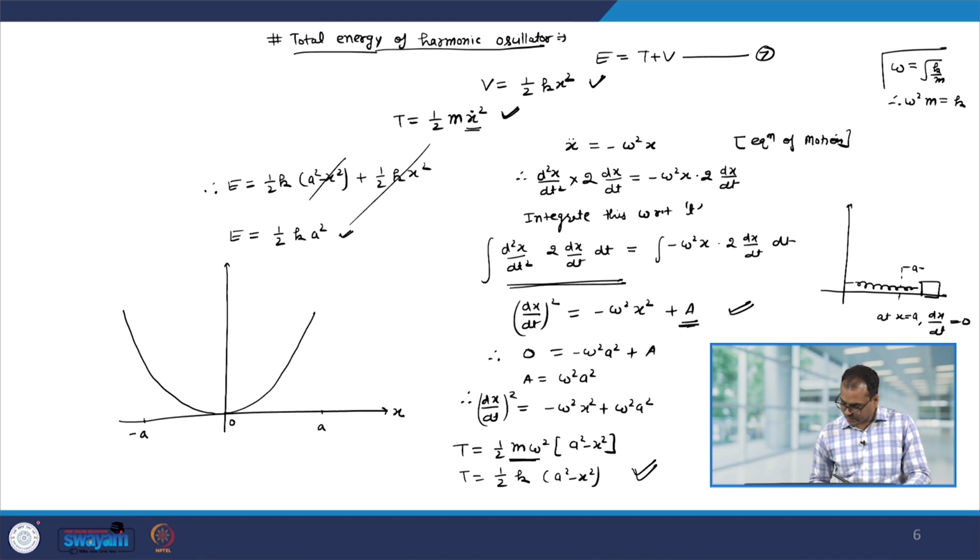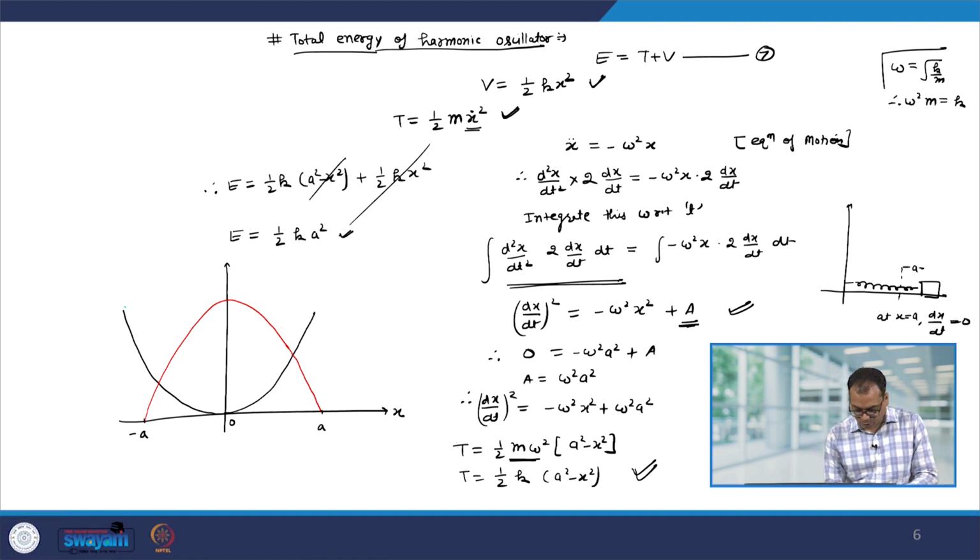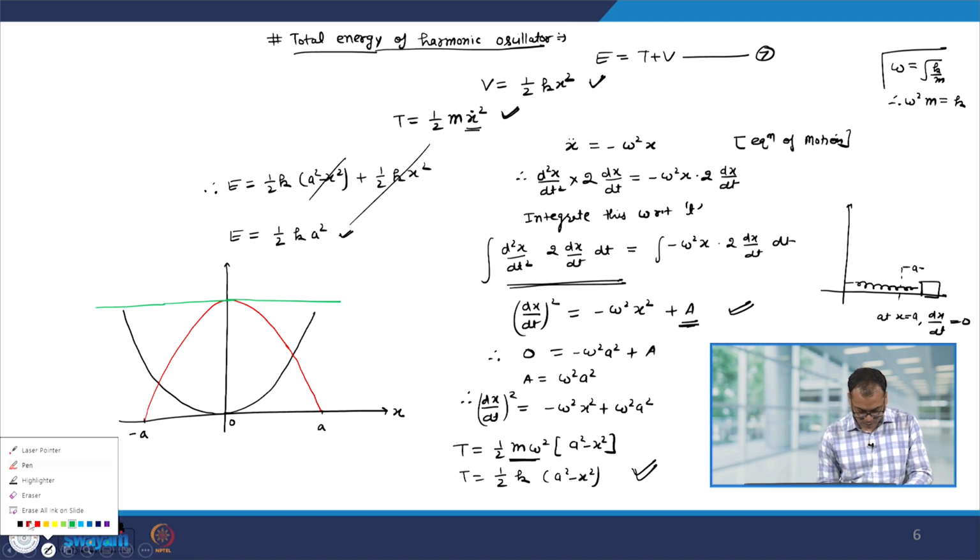And a square minus x square will be the inverted parabola, and the total energy, which is the sum of both, will be constant.